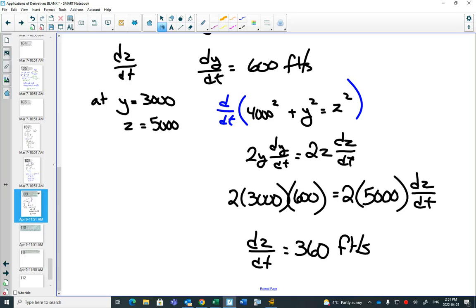You got 360? All right. Perfect. I guess initially you always think of your hypotenuse as the longest, so initially I imagined that being faster, but I can see that speed being slower.